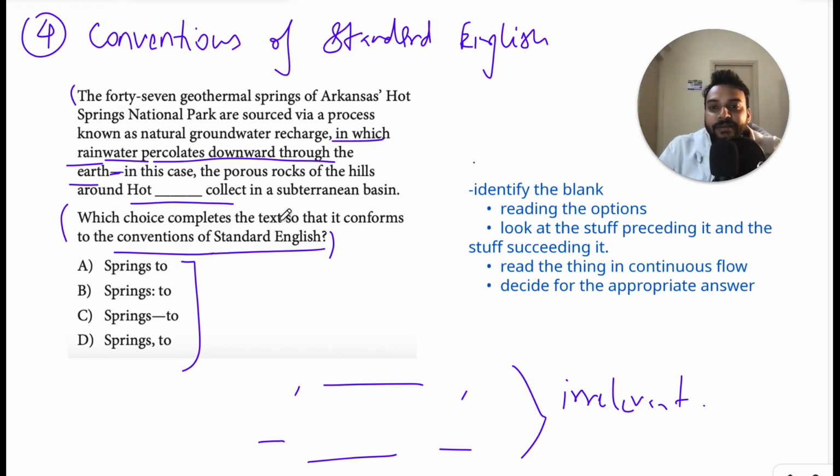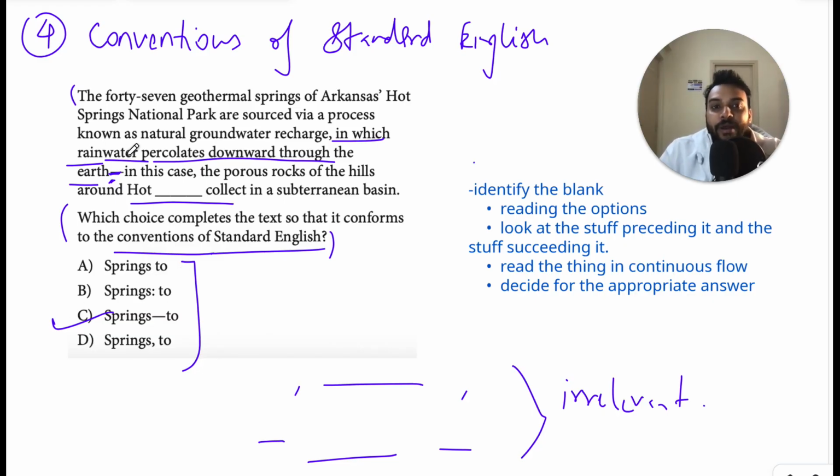So, in which rainwater percolates downward through the earth to collect in a subterranean basin. We skipped this part. So springs to, option C would be the most apt one. Why? Even option D could be correct, the springs comma, if only instead of this first hyphen there was a comma here. Then option D would be correct. But since it's a hyphen, option C, which is a dash or hyphen, whatever you call it, that's correct. Option C is correct here.